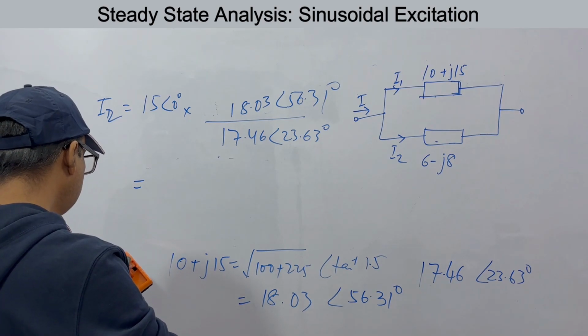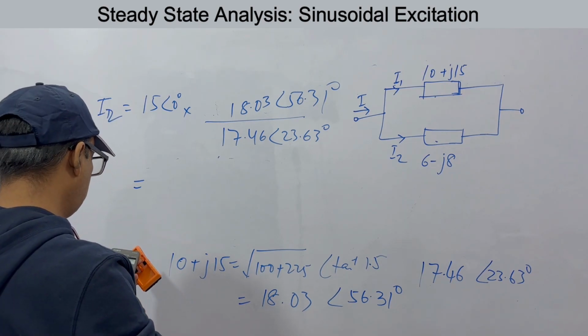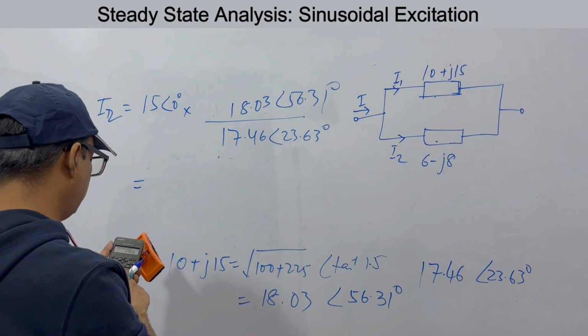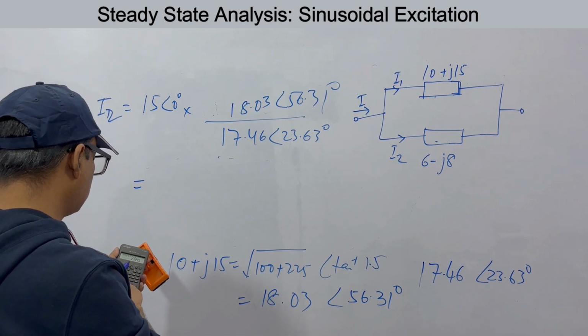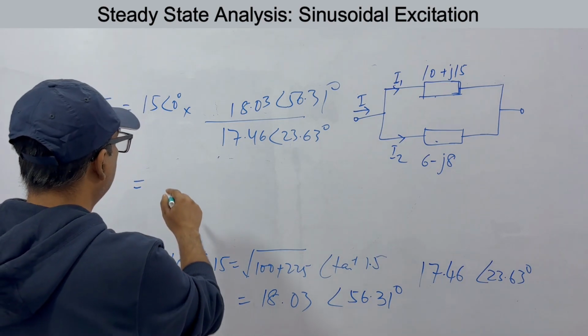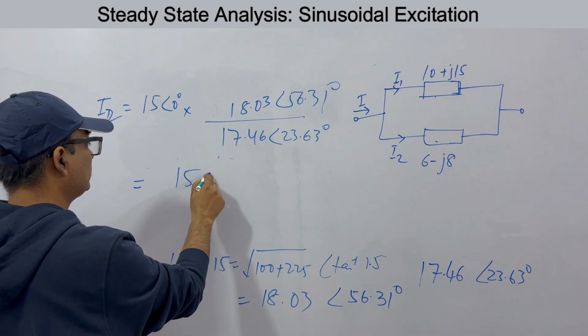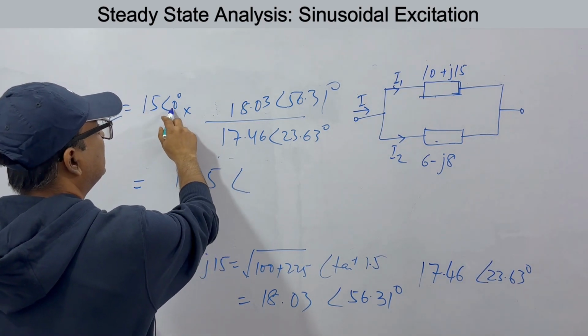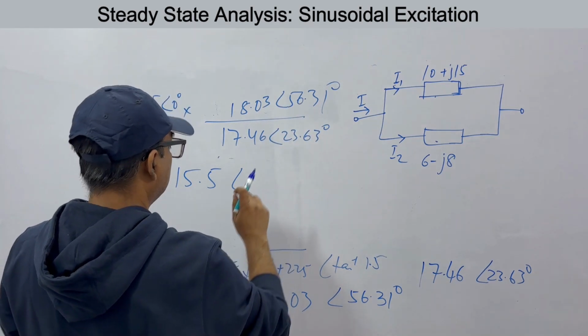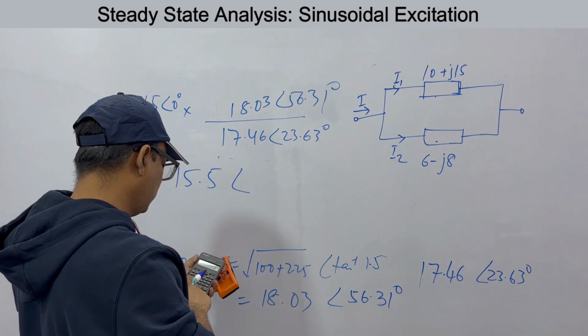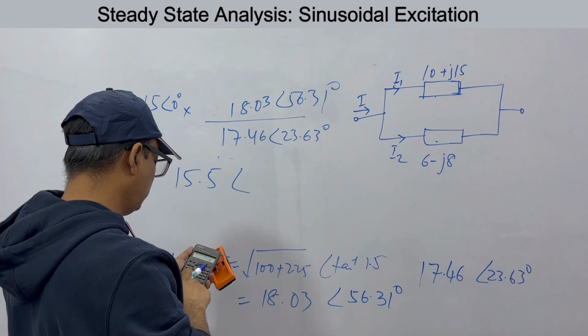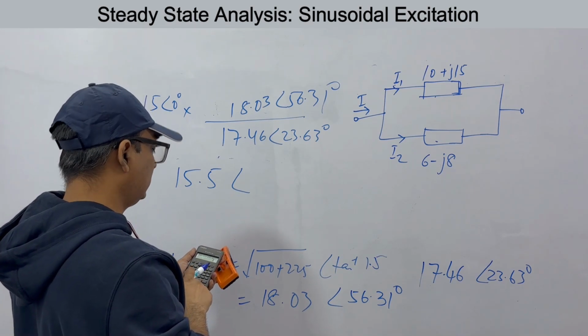15 into 18.03 divided by 17.46. So we get 15.5, almost, and the angle will be 0 plus 56.31 minus 23.63.